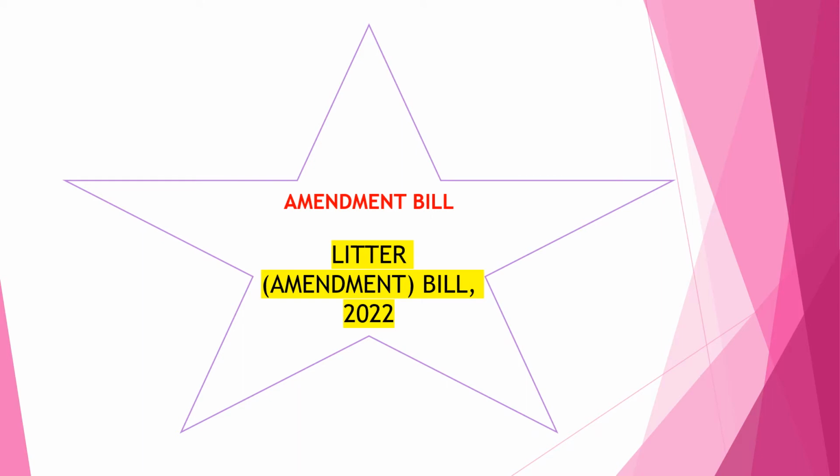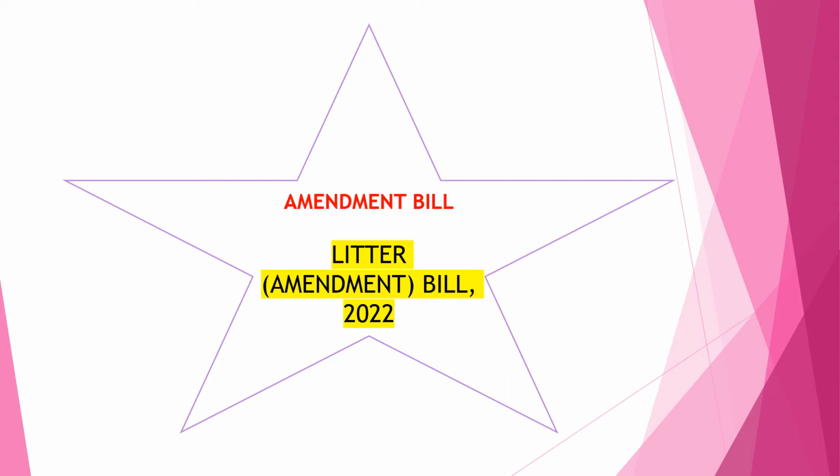If the proposal is for changes to be made to an existing law, then the bill will be referred to as an amendment bill. Now, using the same example we used previously with litter, if we already had a Litter Act and the government was proposing to make changes to the existing Litter Act, then the bill that would go before Parliament would be called the Litter Amendment Bill 2022.